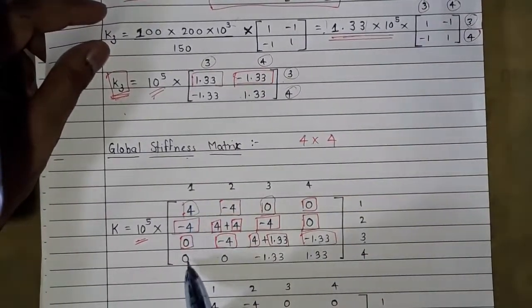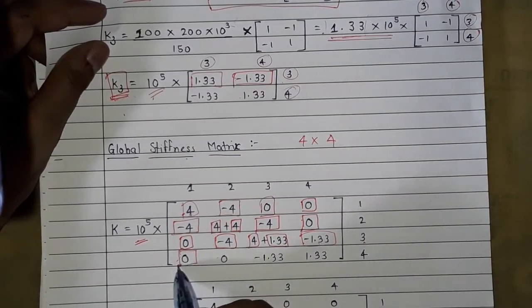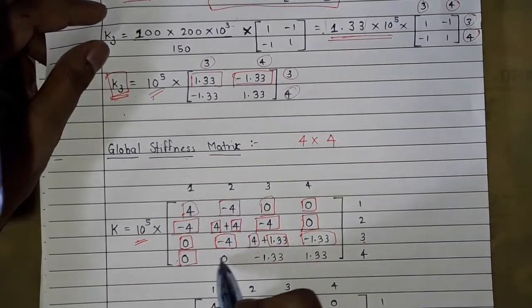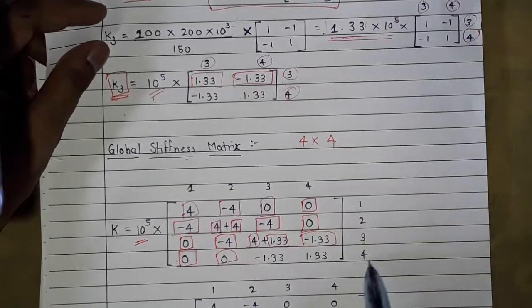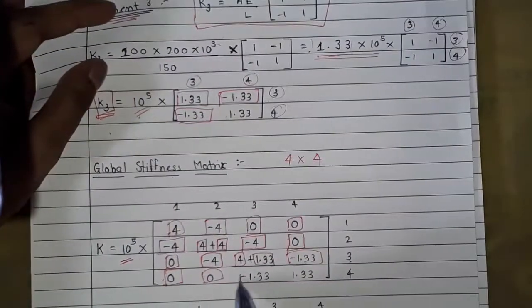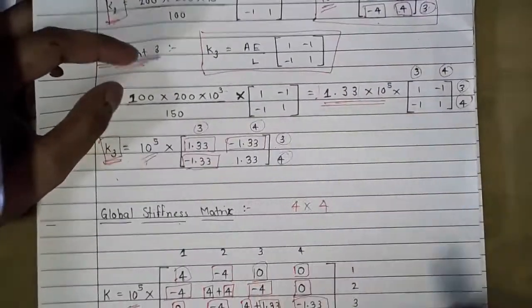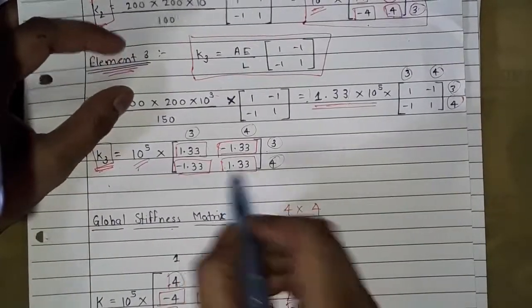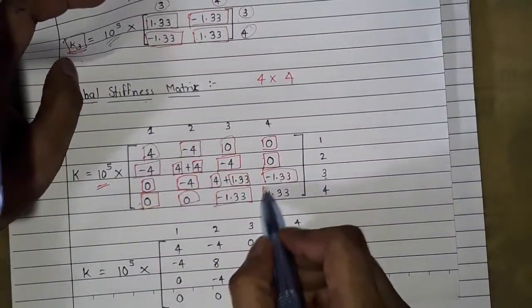Now there is no first column and fourth row, so 0 value. There is no second column and fourth row, so 0 value. Now third column and fourth row value is minus 1.33, which is here, and here again fourth column fourth row the value is 1.33, so we put the value here 1.33.